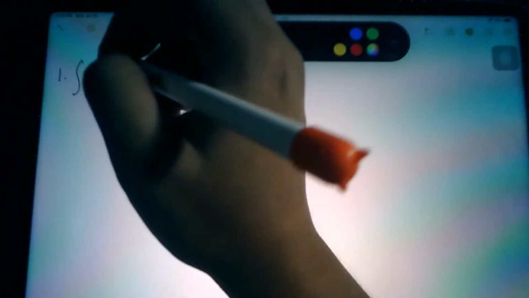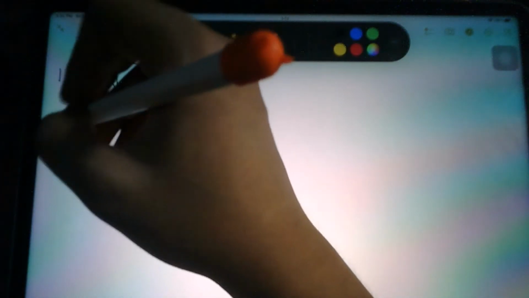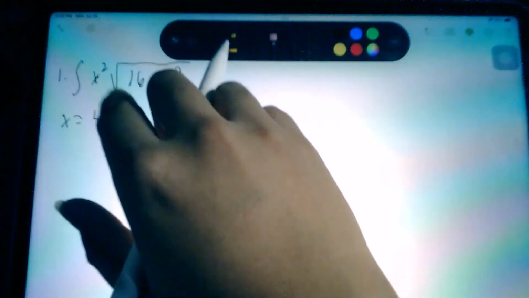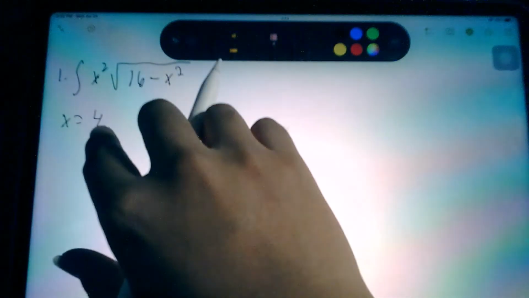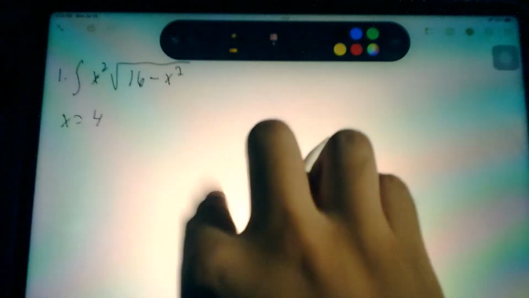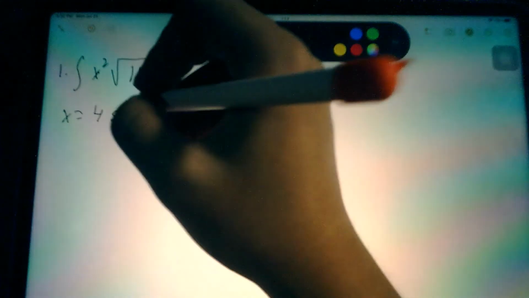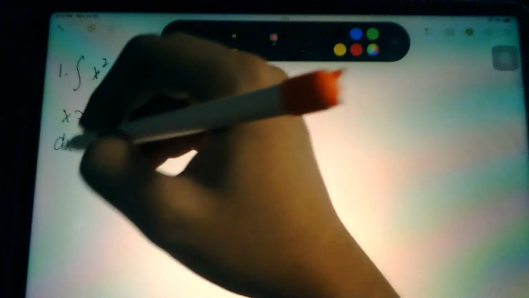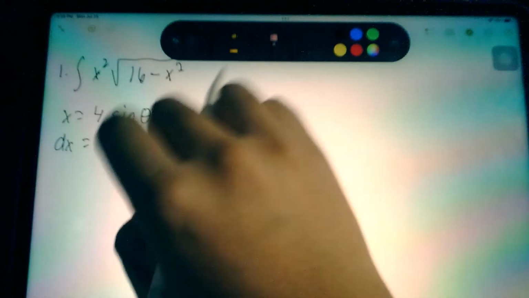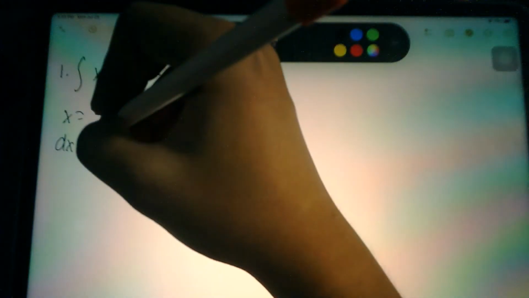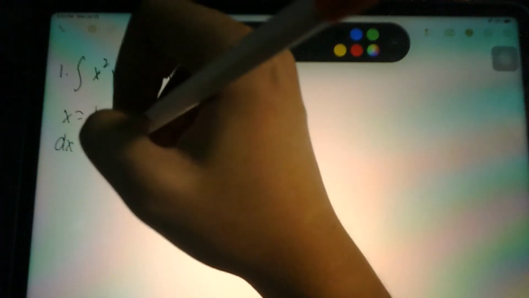So let x equal 4 sine theta, because a here is 4 and a squared is just 16. And the derivative of 4 sine theta is just equal to 4 cosine theta d theta.